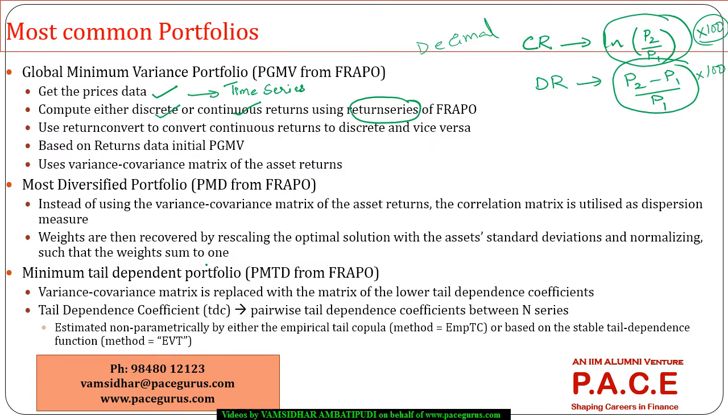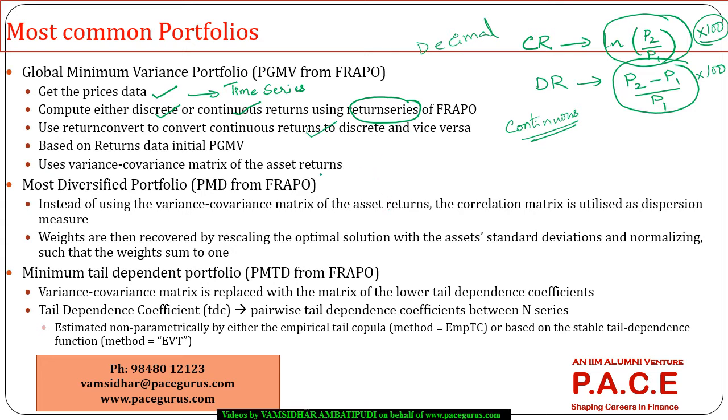So basically, I have converted the continuous returns to discrete. We'll work with the continuous returns itself for all our portfolio building process. So even if you want to work with your discrete returns, now you have the data to work with them as well. Which ones you want to use, you can very well choose.